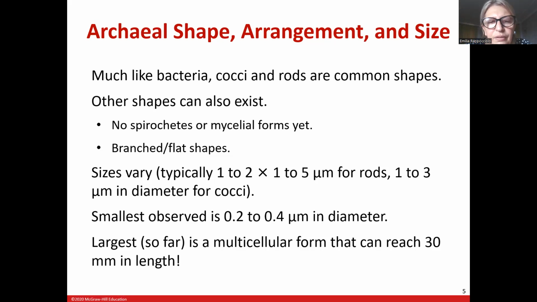The average size is similar to the one that we discussed for bacteria: 1 to 2 by 1 to 5 micrometers for rods and 1 to 3 micrometers in diameter for cocci. There are very tiny ones, 0.2 to 0.4 micrometers, so 200 nanometers in diameter.